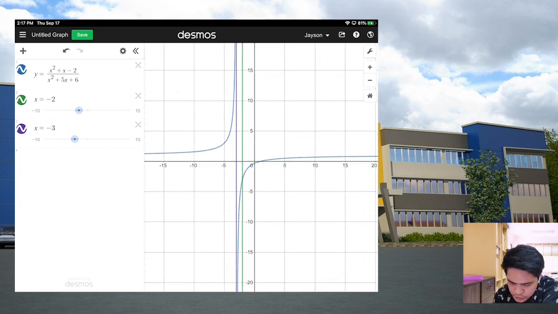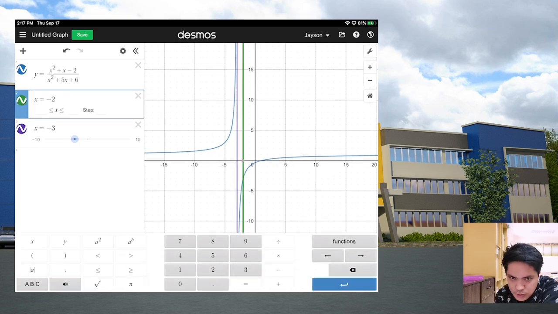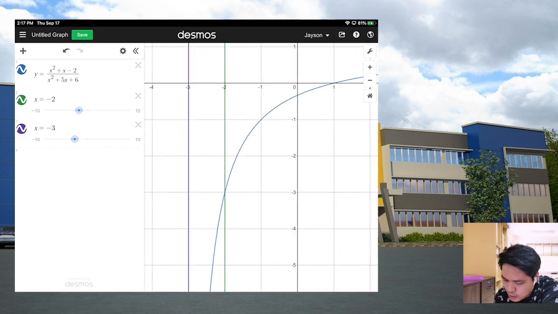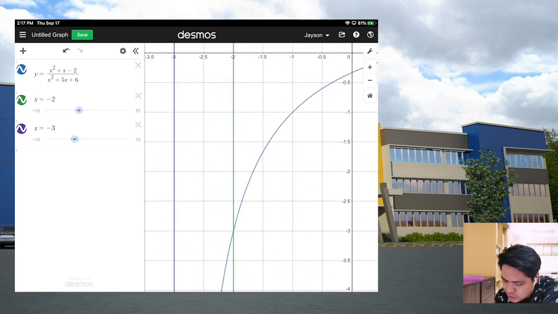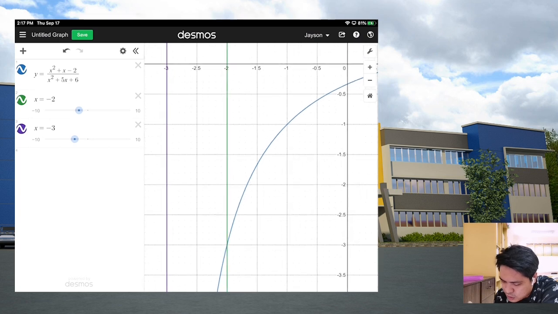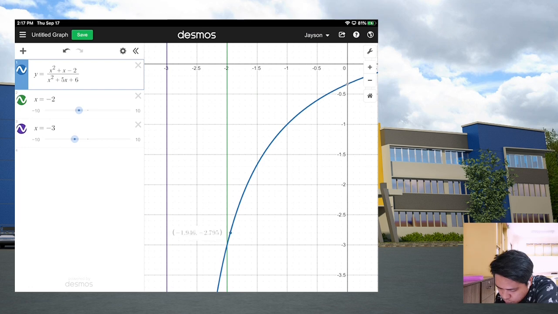Anyway, tingnan natin yung x equal to negative 2. Etong line na green, the green line. Kung titingnan natin sa green line, apparently meron naman siyang intersection, 'di ba? But if we go to that point exactly, when x is negative 2, ang pares niya is undefined.